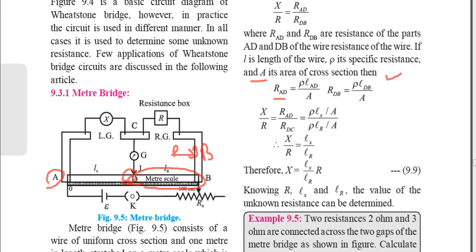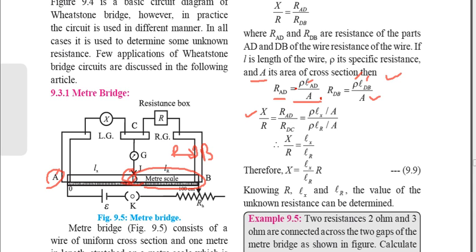So RAD is equal to rho Lx, the length along A to D, divided by A. Then RDB, the resistance between D and B, is equal to rho Lr, the length along D to B, divided by A.